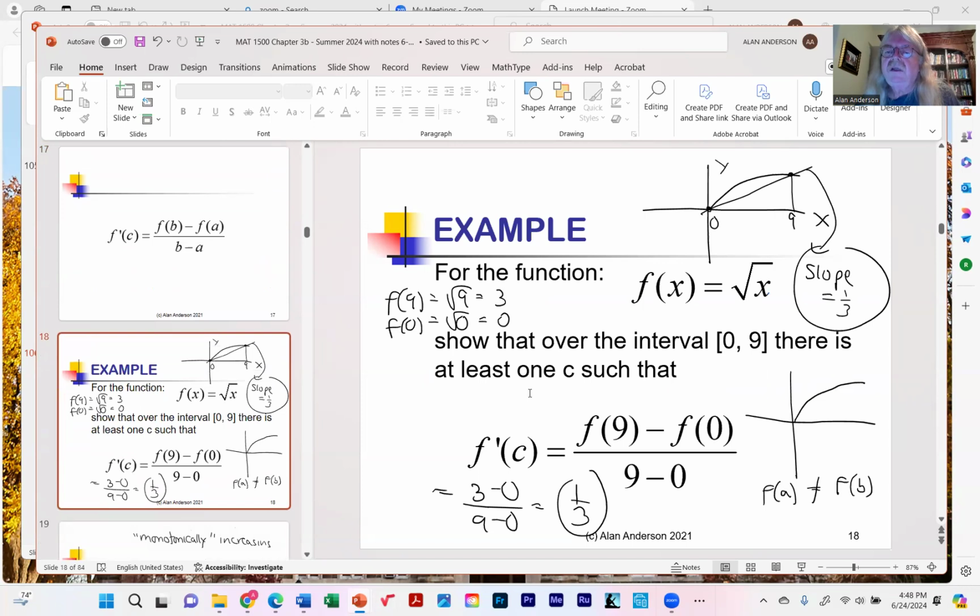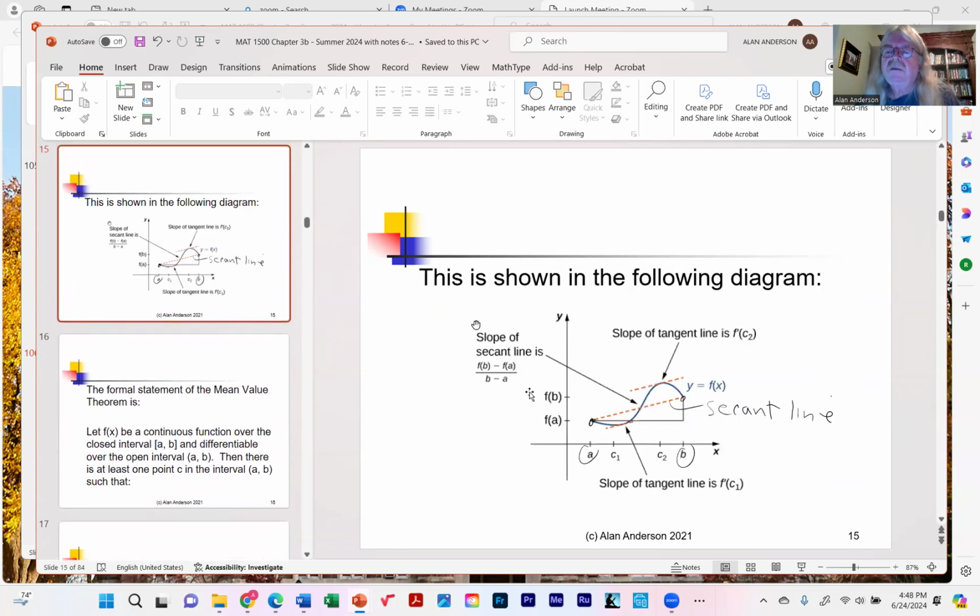Okay. And you can see, well, you're looking at the graph, you can see that f of b minus f of a, think of it as the rise, and the run is this piece, b minus a.